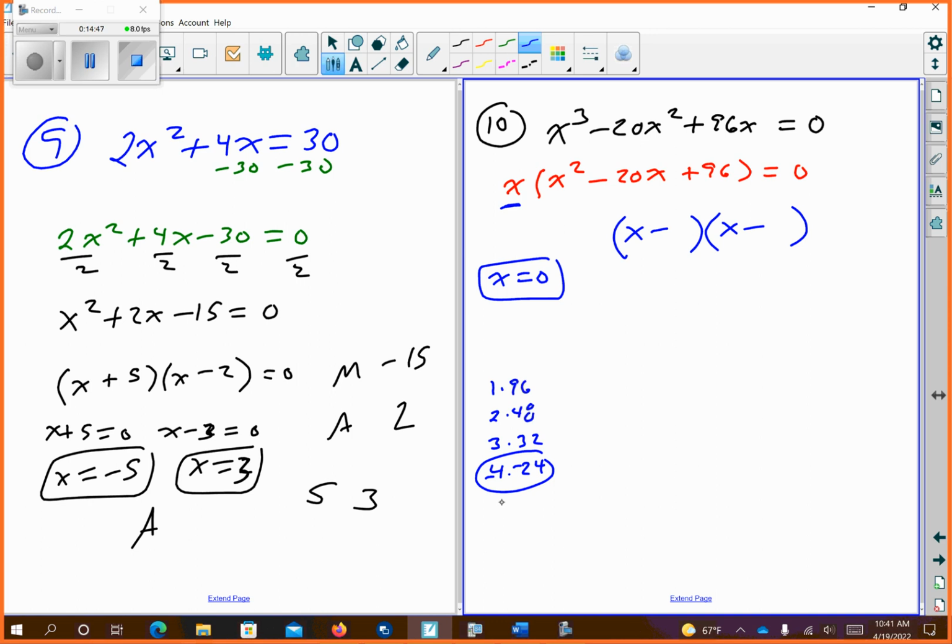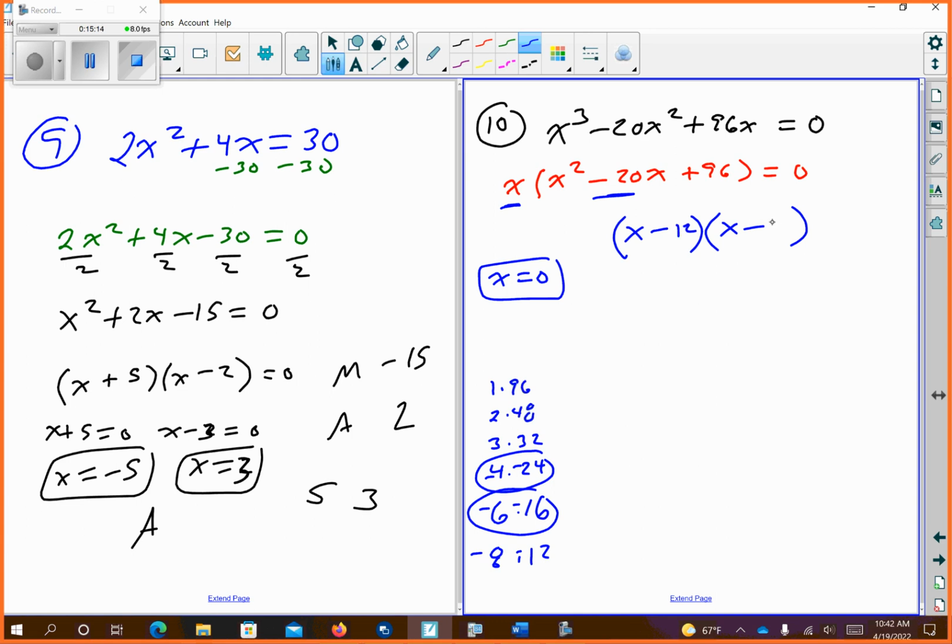Okay, so let's see. 5 doesn't work. 6, I believe, works. 6 and 16. If those are both negative, those add up to negative 22, right? So I'm getting closer. 7 does not work. I think 8 works. 8 and 12. If 8 and 12 are both negative and I add them together, I get negative 20.